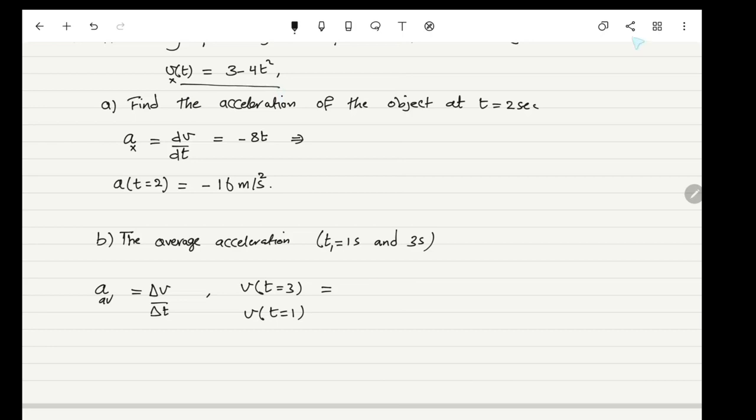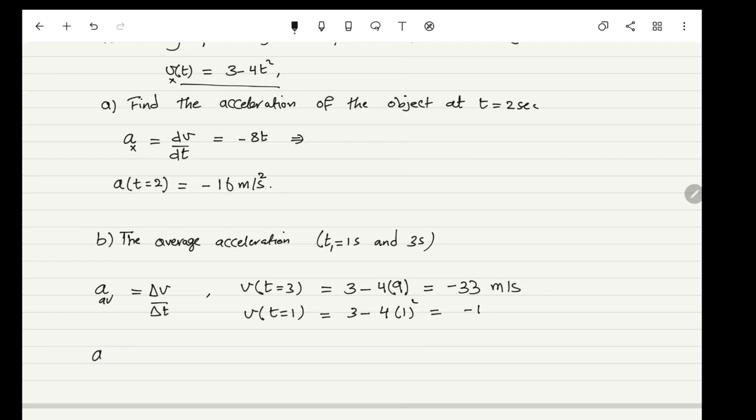So it's equal to 3 minus 4 times 9, which equal to minus 33 meter per second. And when t equal to 1, it's 3 minus 4 times 1 square, equal to minus 1.